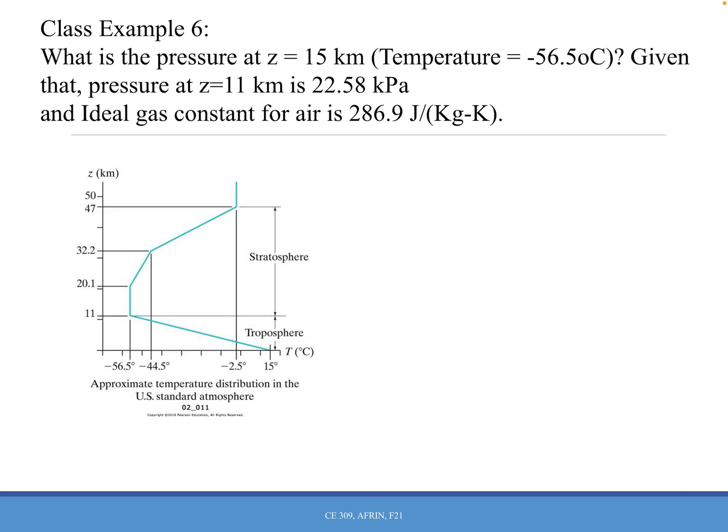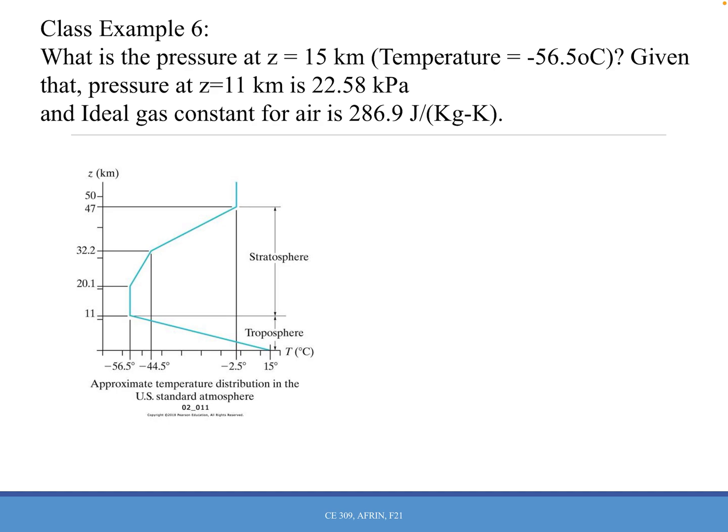The question is, what is the pressure at Z equals 15 kilometers when the temperature is negative 56.5 degrees Celsius, given that the pressure at 11 kilometers is 22.58 kilopascal and the ideal gas constant for air is 286.9 joule per kg Kelvin?